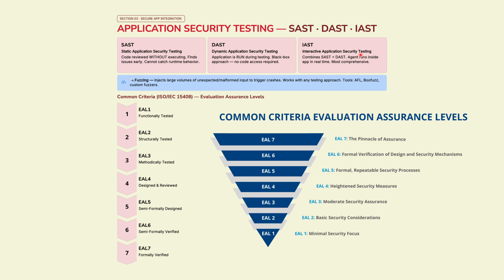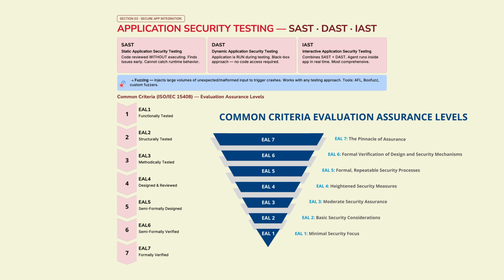As a result, it provides the most comprehensive coverage by simultaneously assessing code, configuration, runtime behavior, and library dependencies. Now, per Gartner, IAST is now required for modern web and mobile applications.